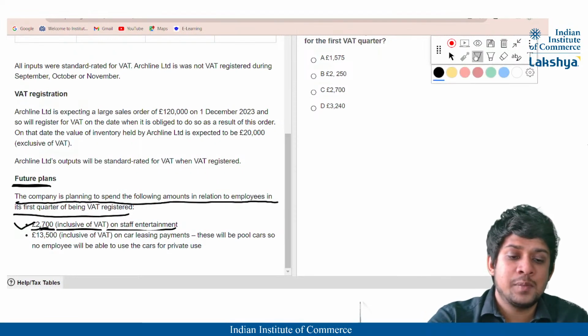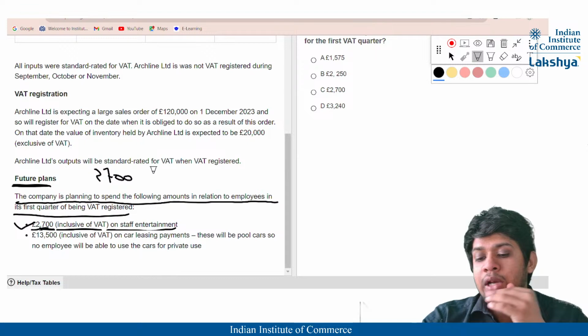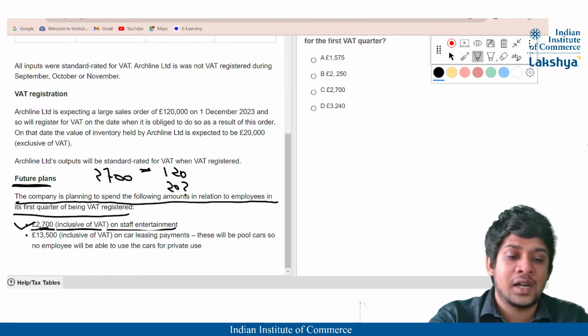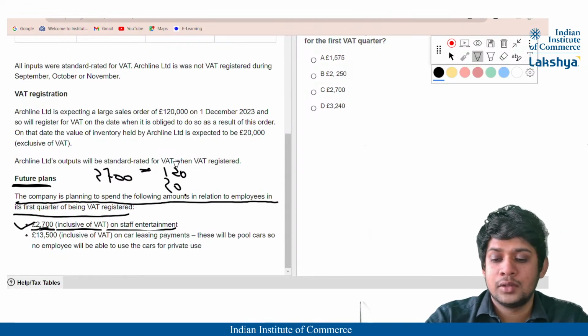That will thus be, firstly, 2700, which is inclusive of VAT. So I'll have to remove the input VAT that is there, right? So 2700 represents 100% of cost plus 20% of VAT, which is 120%, correct? And I have to remove that 20%, because VAT is 20%, right? So I'll just cross multiply.